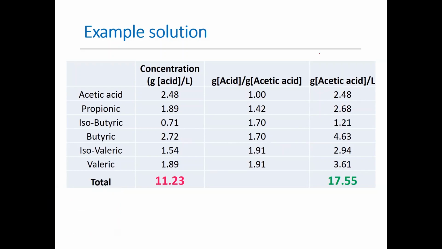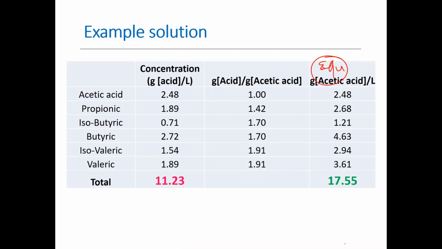It is not actually acetic acid, but acetic acid equivalent, which means that we have 2.68 gram of acetic acid that is equivalent to the 1.89 gram of propionic acid in this case.